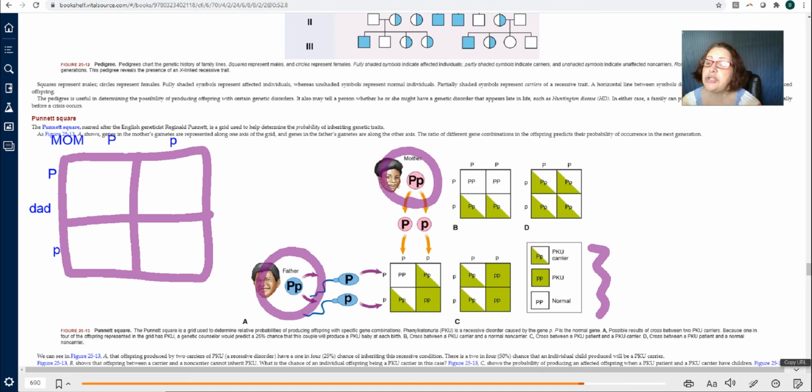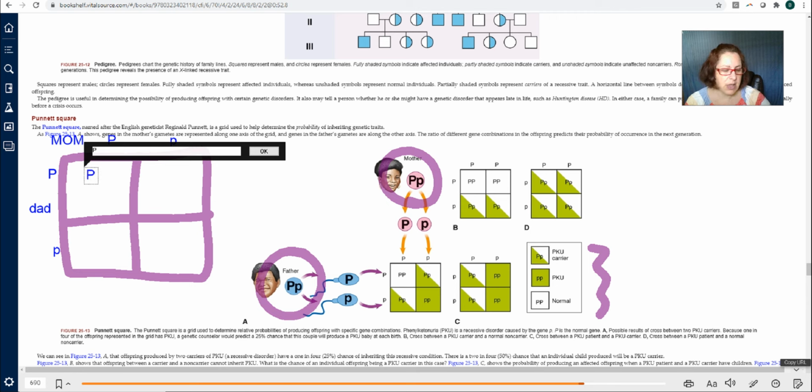So what we do is we carry the letters across and down from where they started. So mom's capital P is going to get put here. Whoops, that's a lowercase p. And here.